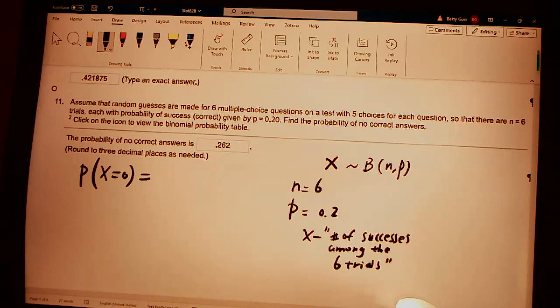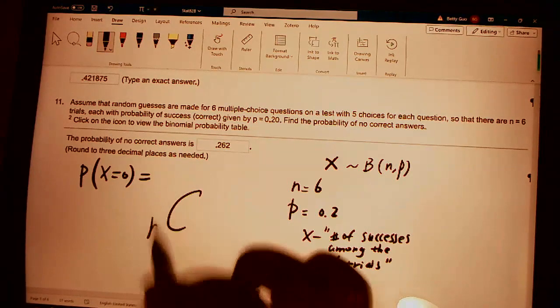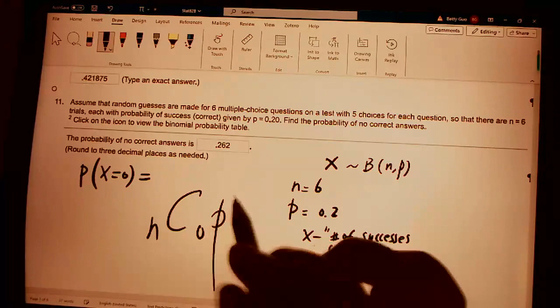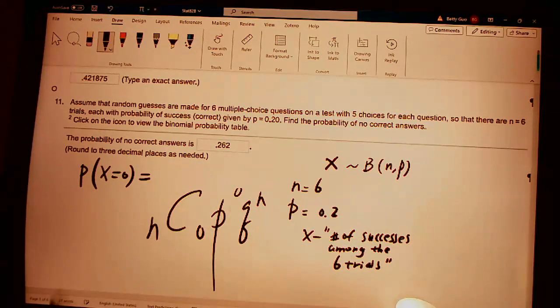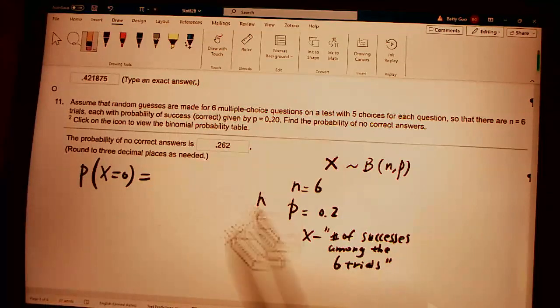There are 3 methods to get it done. The first method is to use the formula that I mentioned at the end of Tuesday, but I don't think anybody likes to use that formula. And the second way is to use the table.